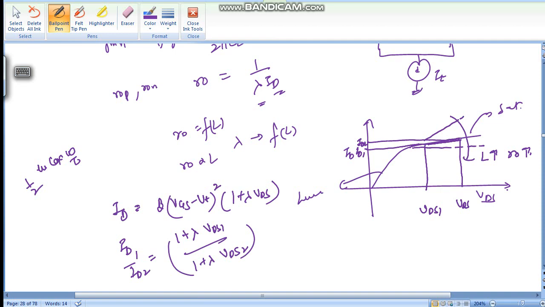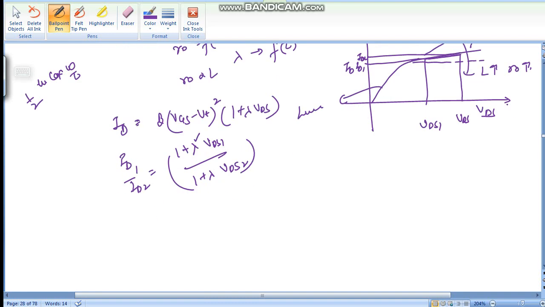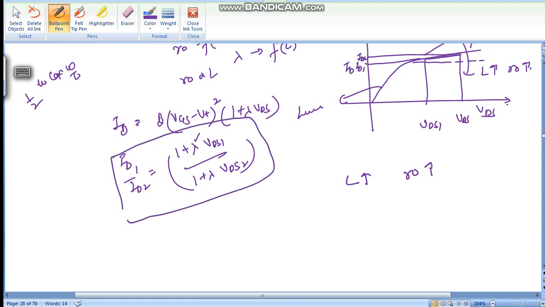For different lengths we can find out different lambdas, and accordingly we can find out the output resistance of devices. If we increase length, RO will increase. So using this for N and PMOS, we can find out different lambda for different lengths. We can change length, say initially 1 micro, then 2 micro, then 4 micro. For all these we can find out lambda, and we can find out RO, the output resistance.